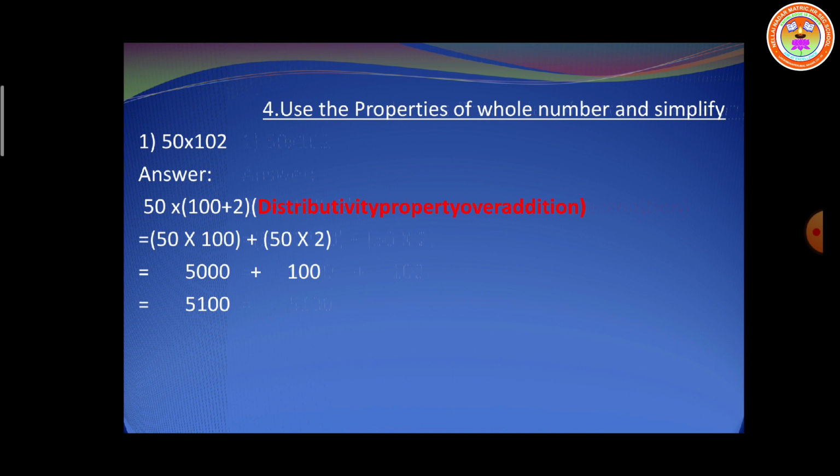So 50 into 100 plus 50 into 2. What is 50 into 100? 5000, plus 50 into 2, 100. So 5000 plus 100, 5100. Is it clear? Just go through this problem.